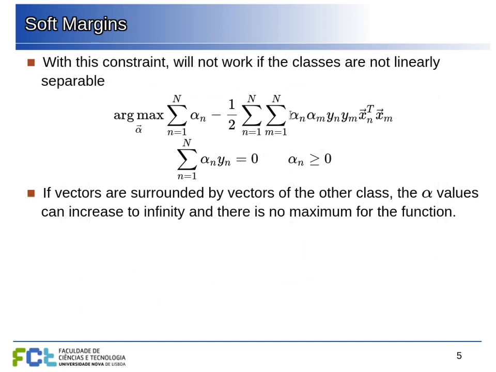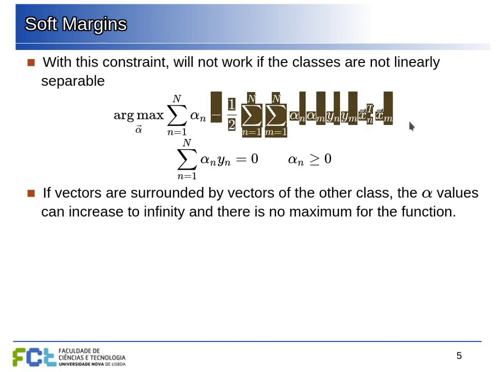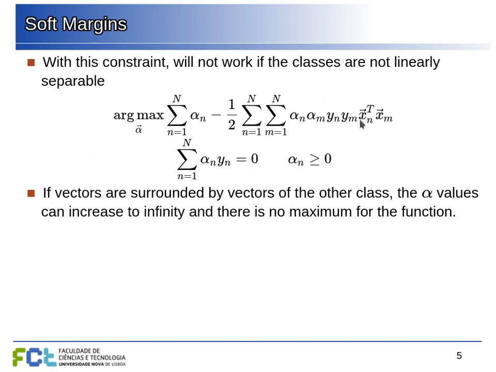We can see here intuitively, if we have points of different classes that are close together, so their dot product is high, their classes are different, so this is negative. So the contribution here, when we take into account this minus sign here, will be overall positive. Then if there are many such cases where we have points from different classes in the neighborhood, it may start to compensate to increase the alpha to infinity.